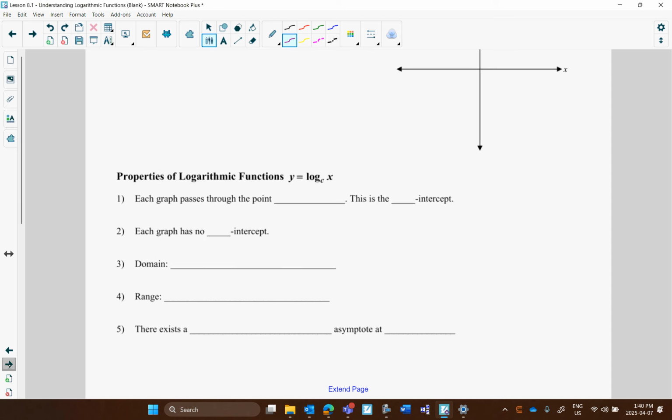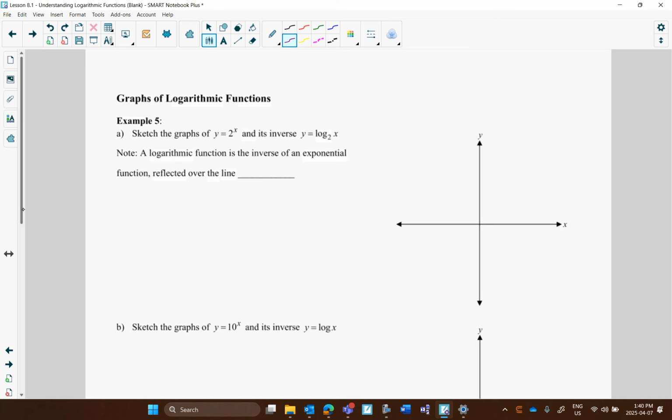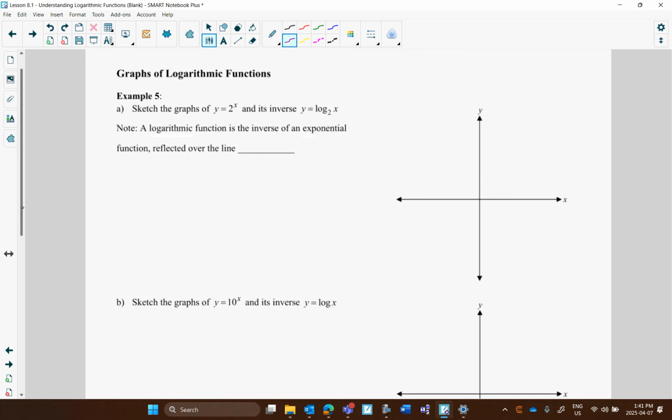Okay, the last thing we're going to look at here is what do the graphs of log functions look like? Well, we know how to graph y equals 2 to the x. Remember the x's I told you to choose? -1, 0, 1 for exponential.